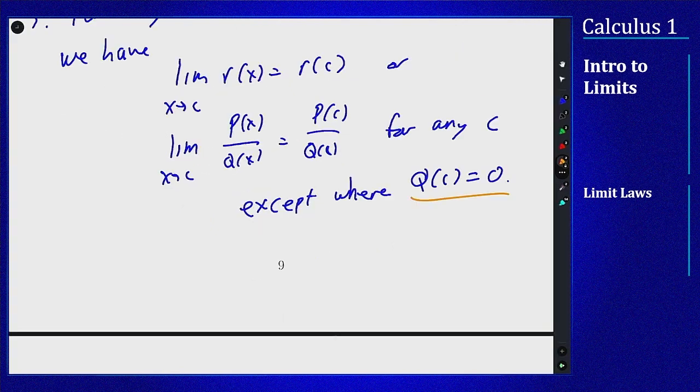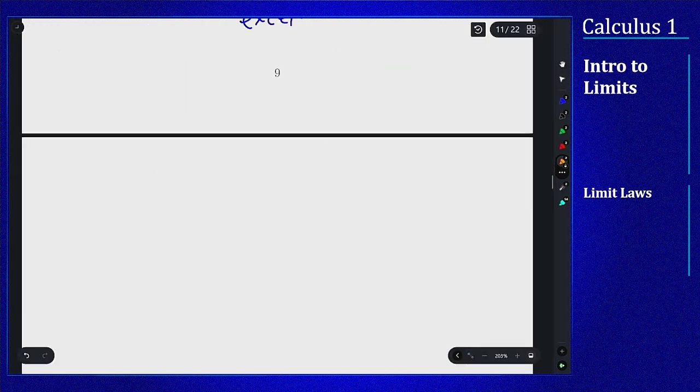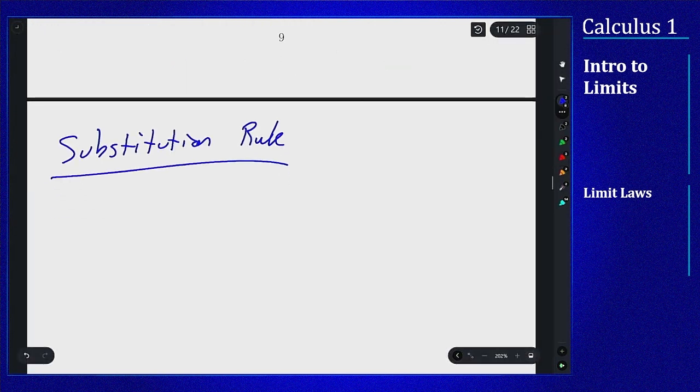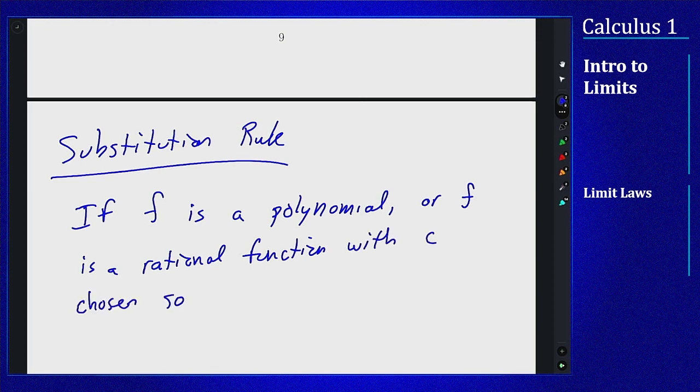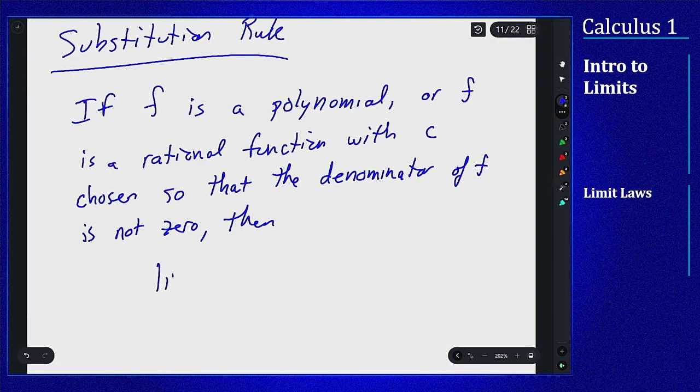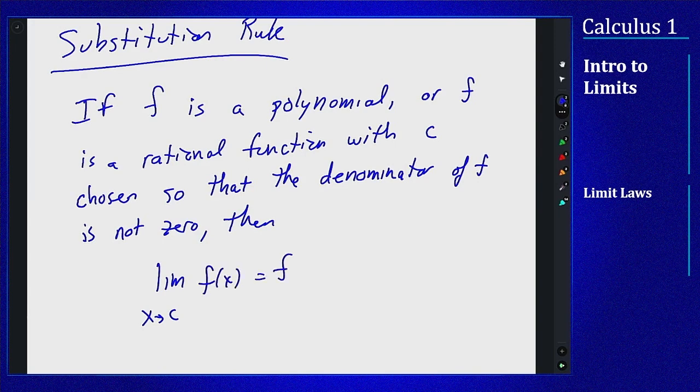This leads us to a potential rule for evaluation of limits, and that is what's called the substitution rule. And this says that if f is a polynomial or f is a rational function with c chosen so that the denominator is non-zero, then the limit as x approaches c of f of x is just f of c.